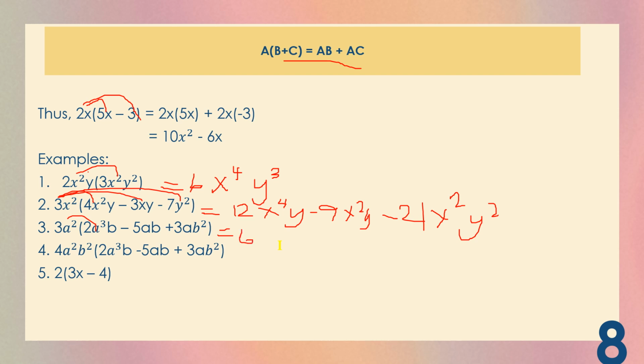So we have 6a to the fifth b, minus 15a cubed b, plus 3 times 3, that is 9, a squared b squared.